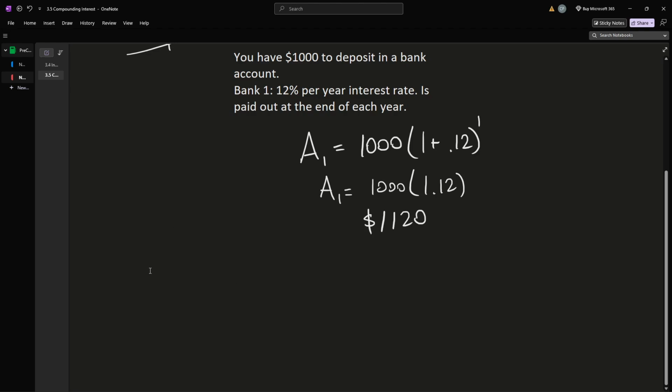What there could be is, let me just copy this and paste it, so I don't need to change the font size. So now we have bank 2.